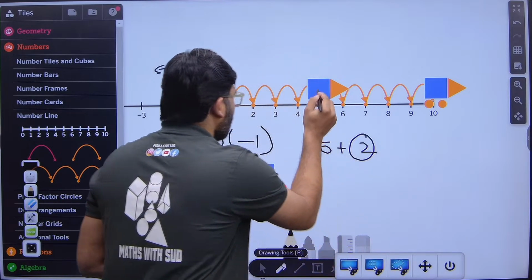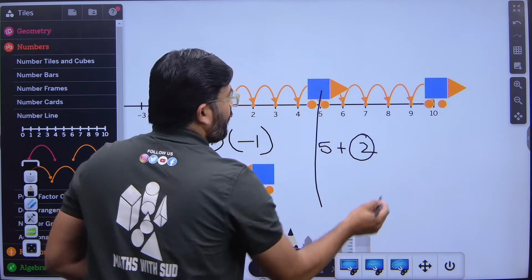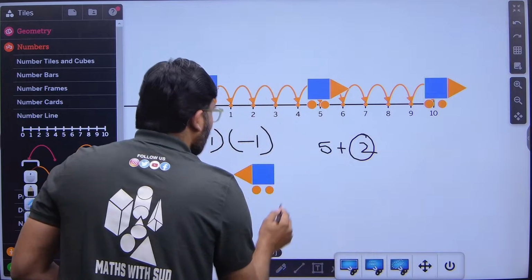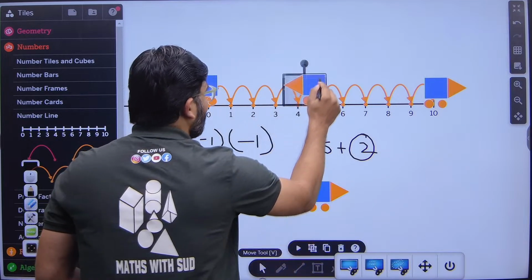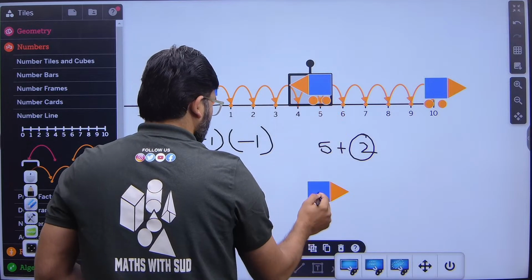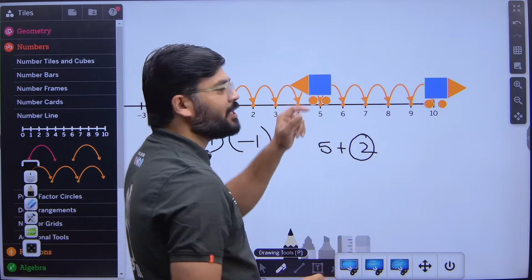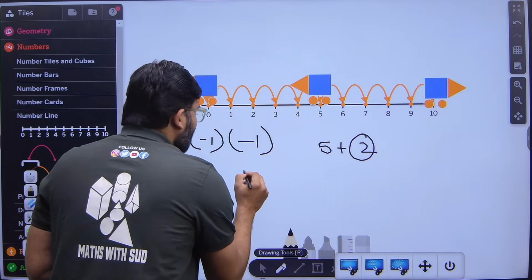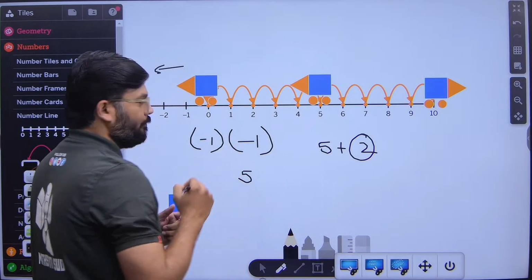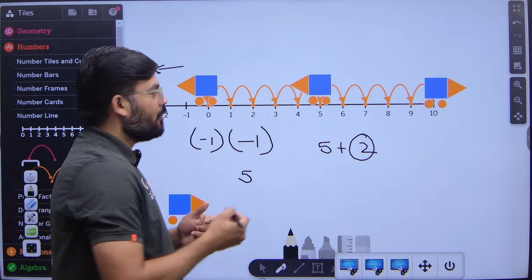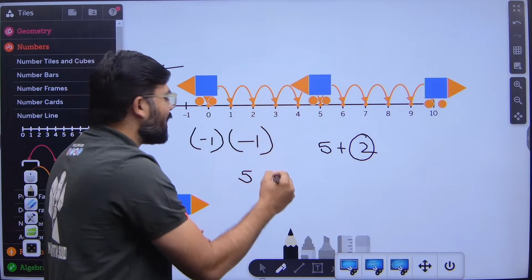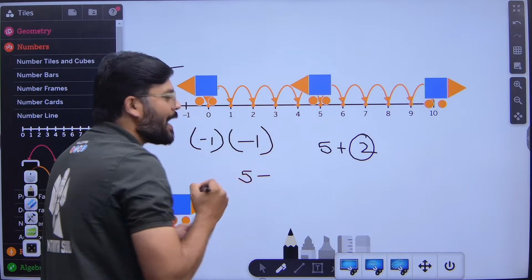But there is another way of going there as well. What is the other way? The other way is if your vehicle is in this direction. So you will say I am at 5 facing towards this direction. That means you are subtracting something.